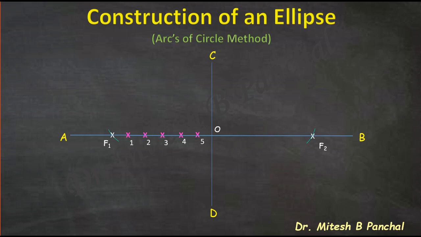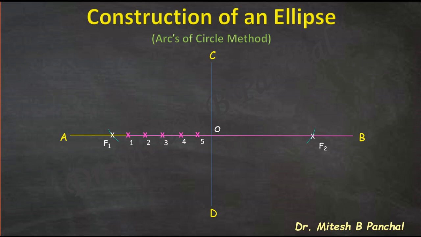Now in the next step, let's consider A1 plus 1B. Okay. So here A1 plus 1B equal to AB.